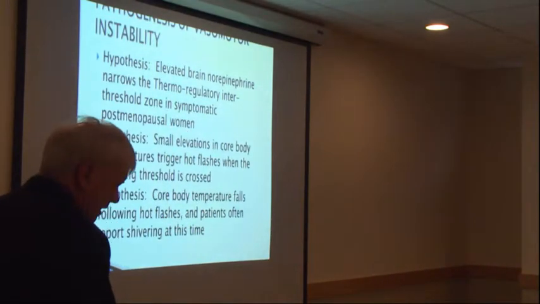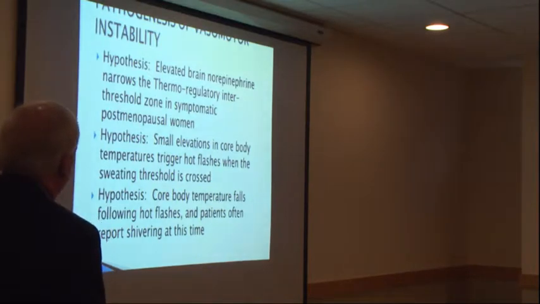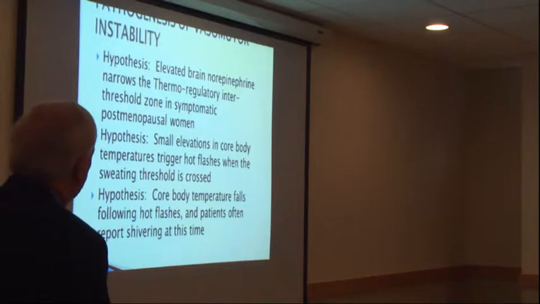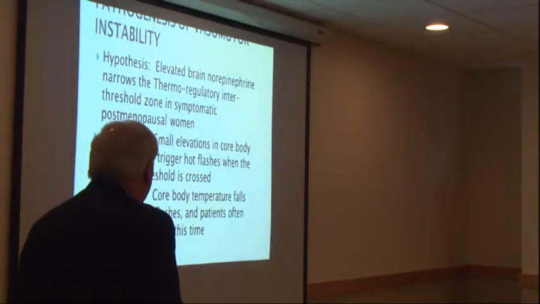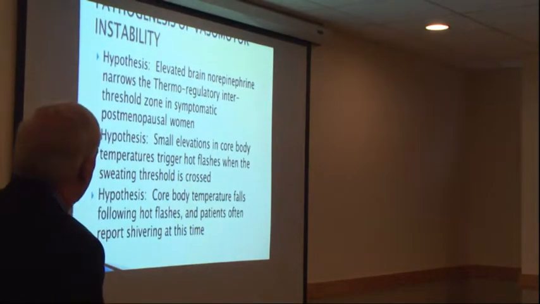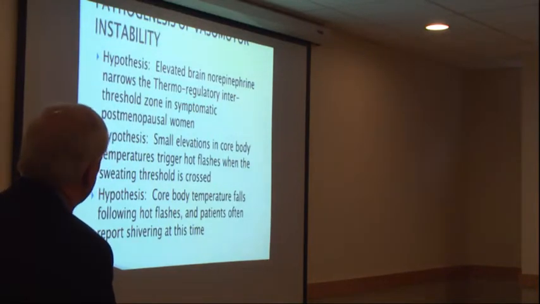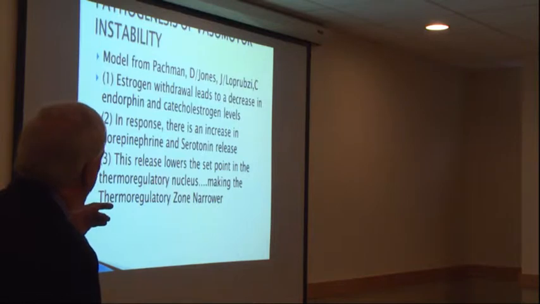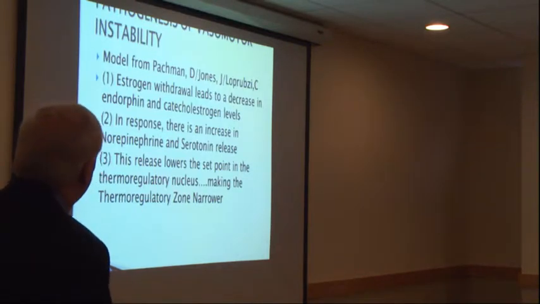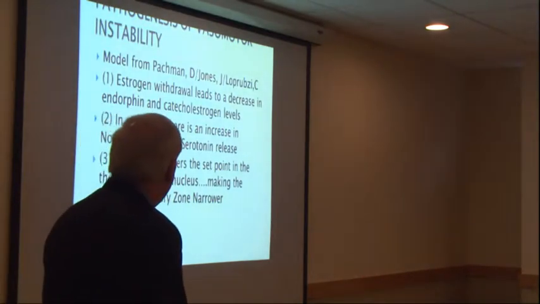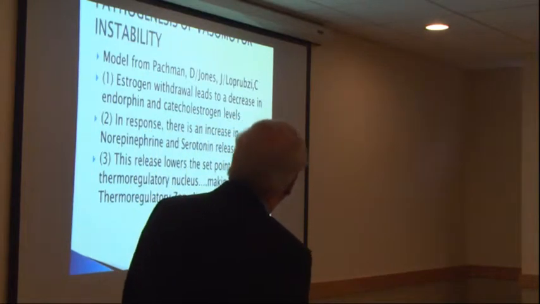This was his hypothesis; this was another hypothesis. Elevated brain norepinephrine narrows this particular zone in symptomatic women. Another was a small elevation in core temperature. Core temperature falls, creating shivering. From Pakman and Jones, they felt that the estrogen led to a decrease in endorphins and catechol estrogen levels.